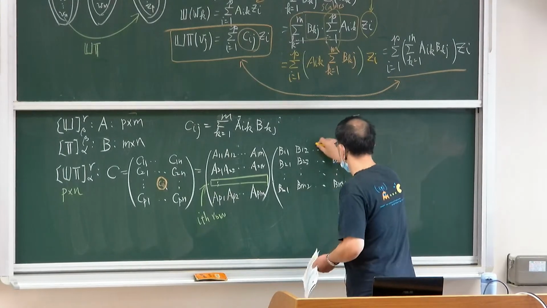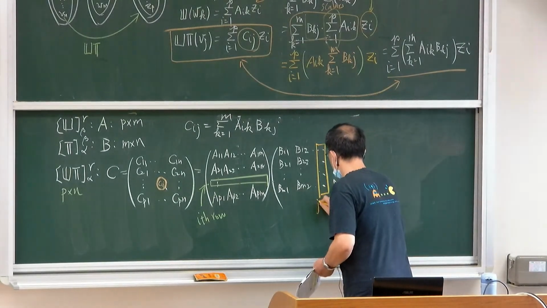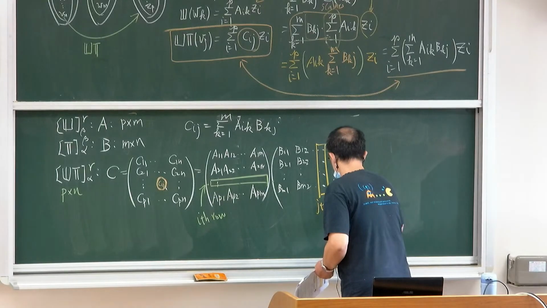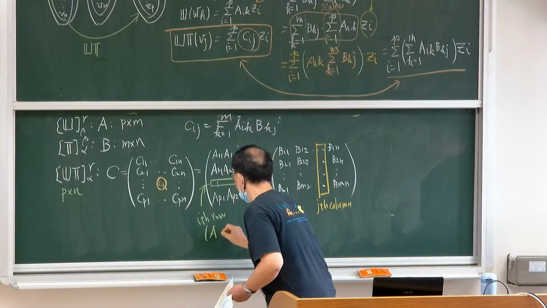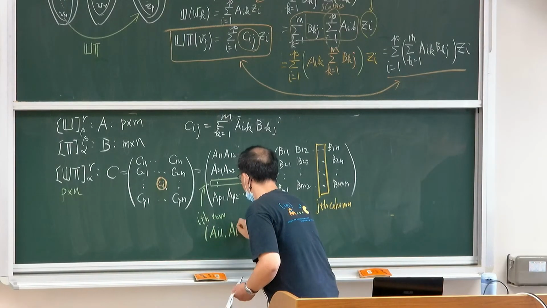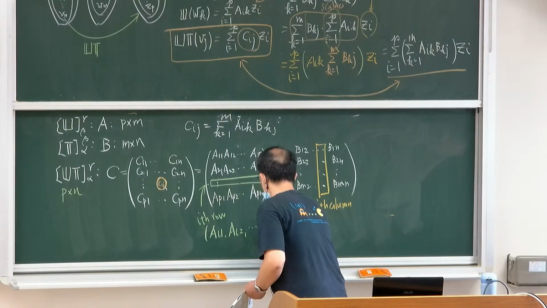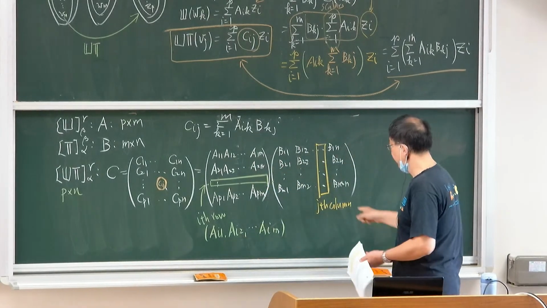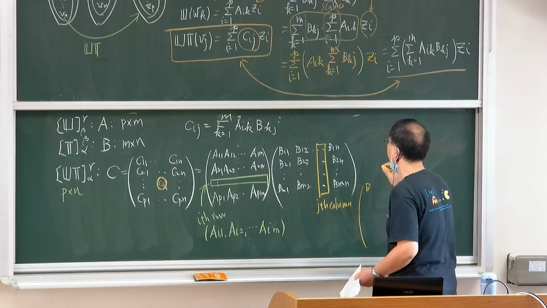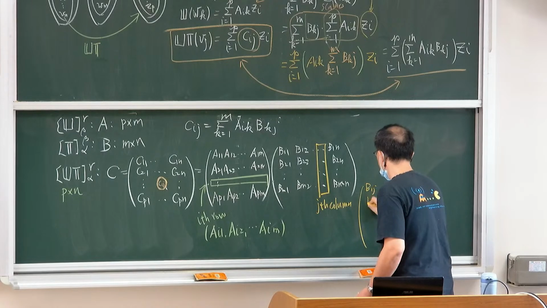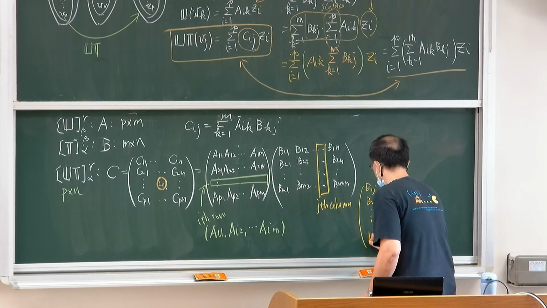And the jth column here has b1j, b2j to bmj.